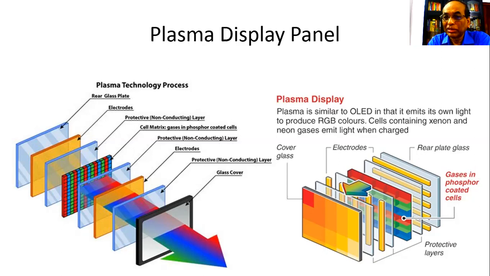In the construction, once again it is shown: electrodes, cover glass, then the rear glass plate, and in the middle the gases in phosphor-coated cells. In addition, there will be the protective layer on both sides. So this is the constructional feature of the plasma display, which is a bit costly.